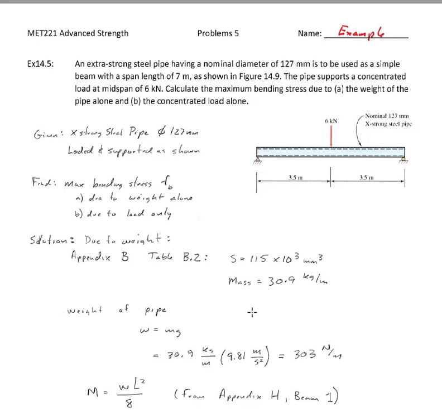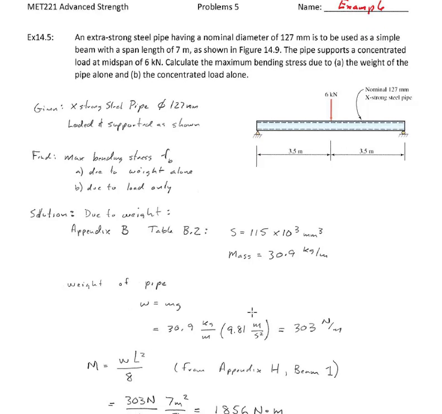This sets up the concept of superposition. But anyways, given extra strong steel pipe, 127 millimeters in diameter, loaded and supported as shown, find the maximum bending stress, fb, due to the weight alone, and then due to the load only.